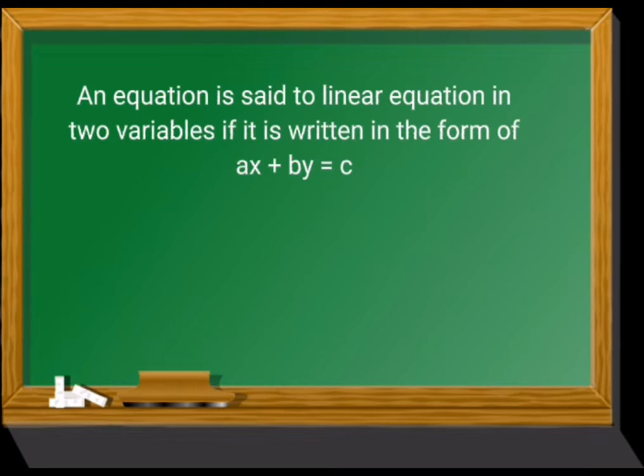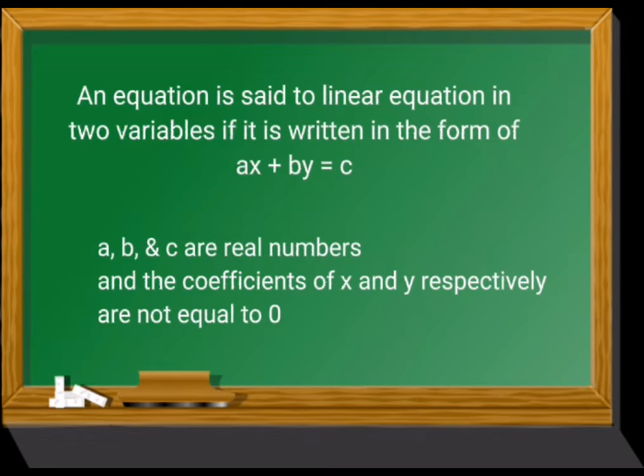An equation is said to be a linear equation in two variables if it is written in the form ax plus by equals c, where a, b, and c are real numbers and the coefficients of x and y respectively are not equal to 0.